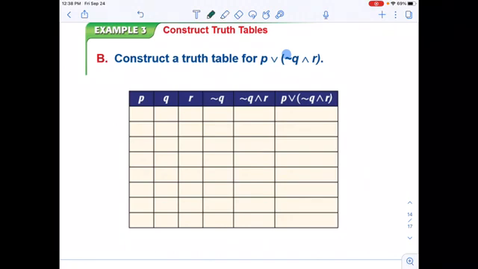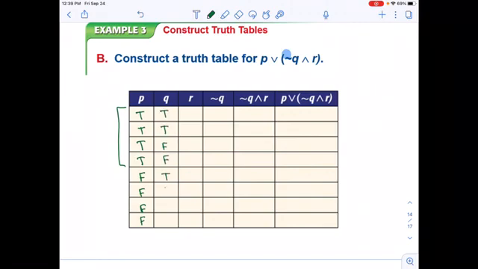So, once again, make half of my boxes in my first column trues. This is just to ensure that I get every possible combination, because it could get kind of crazy. Then, since there are 4 trues, I'm going to do half of my boxes of Q true and the other half false, and then I repeat that again.